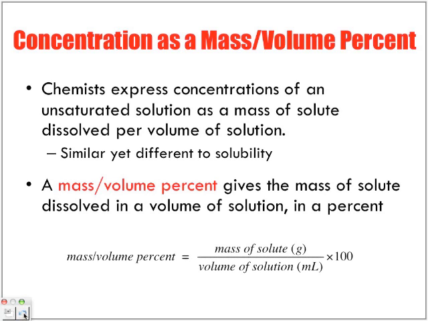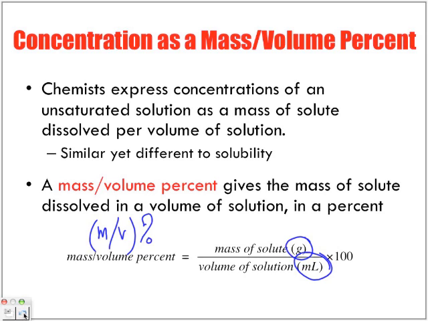So mass per volume percent, or we might write it down as MV percent, is equal to the mass of the solute. These units are very important to know. We're using grams, and we're using milliliters for the volume.